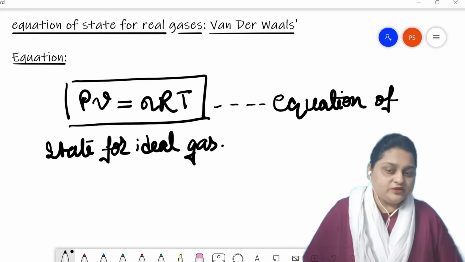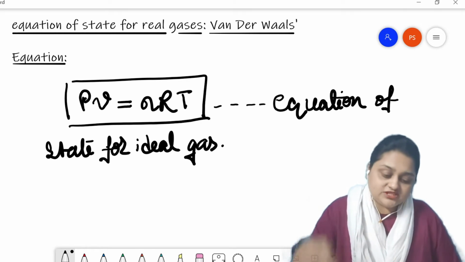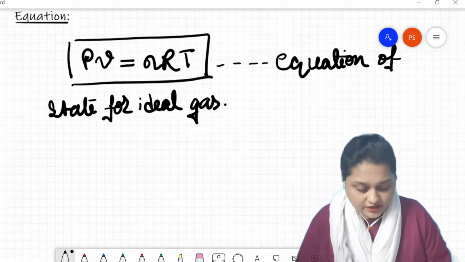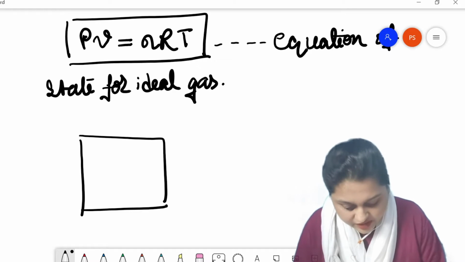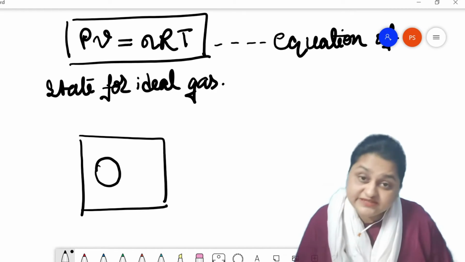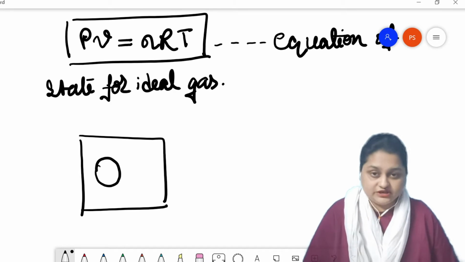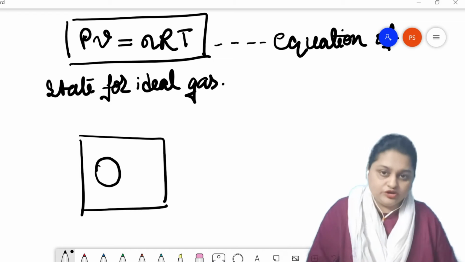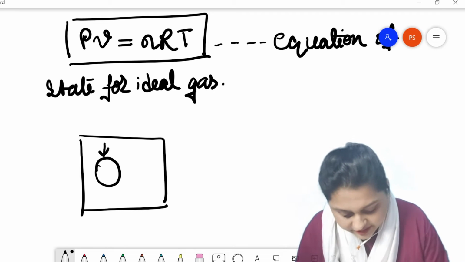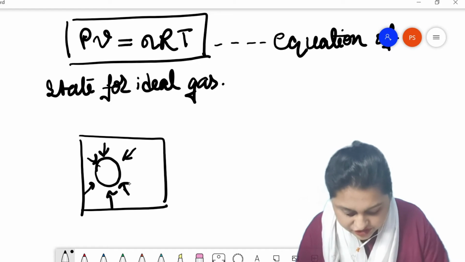Now, what happens when a constituent particle resides within the bulk of the gas? Supposedly this is the container. A molecule is present in the bulk of the container. In the bulk, the molecule is surrounded by other molecules, and it is attracted or repelled by the other molecules in all directions.